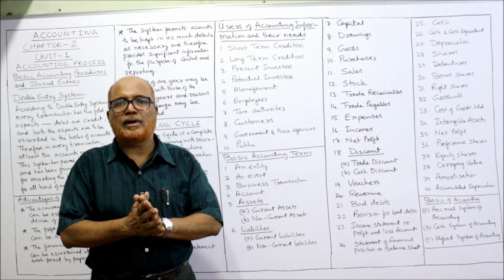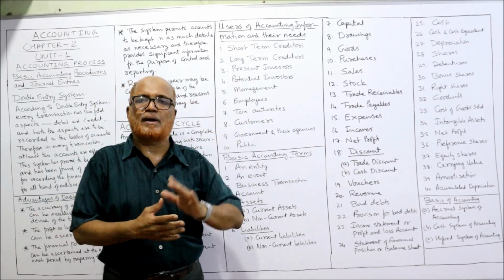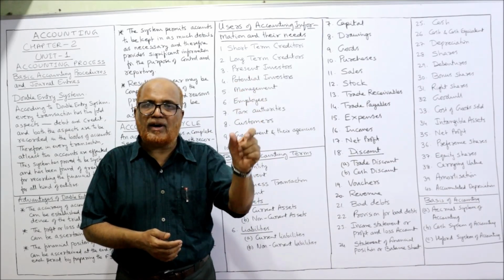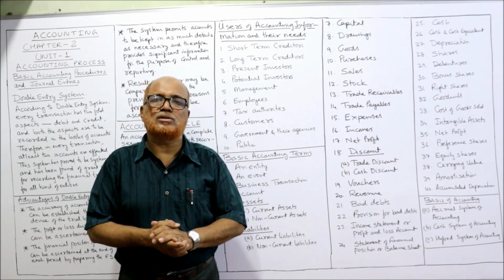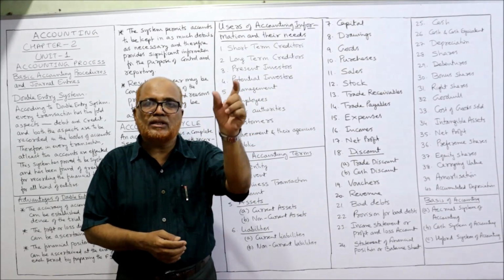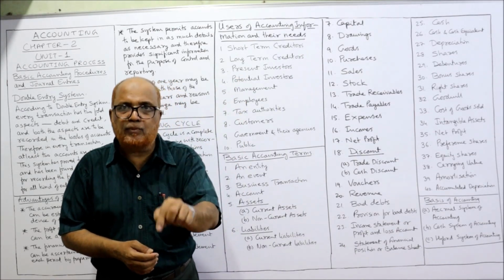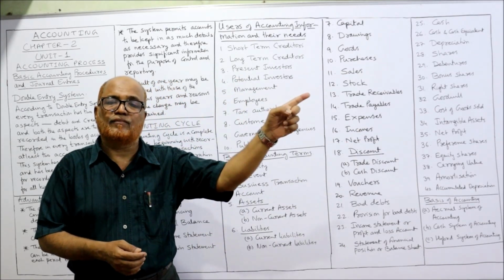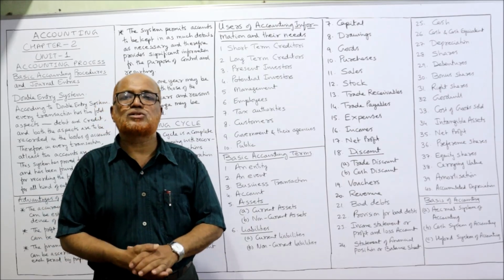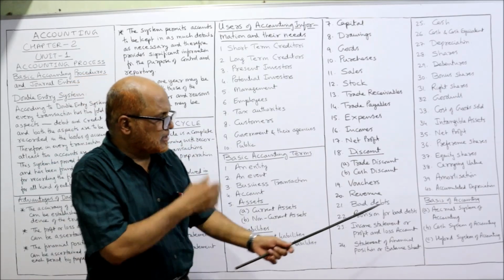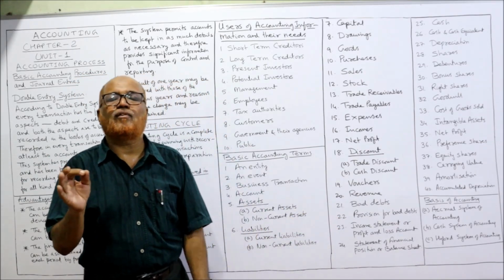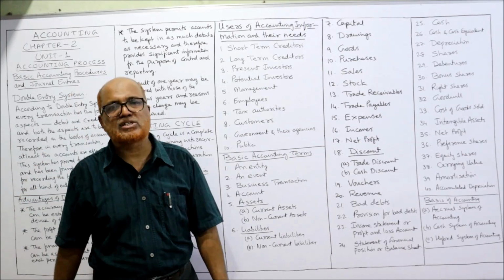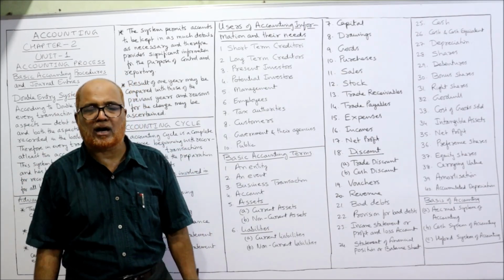Just now I've given the example. If a machine is purchased 5 years back, and during the 5 years we have provided 30,000 depreciation, then the 30,000 depreciation provided up to date, from the date of purchase till now, is called accumulated depreciation. That's all. So totally 40 terms I have explained, which are frequently used in accounting.